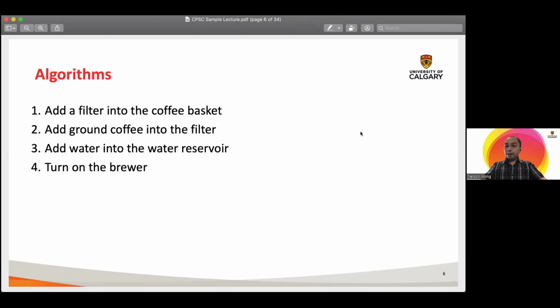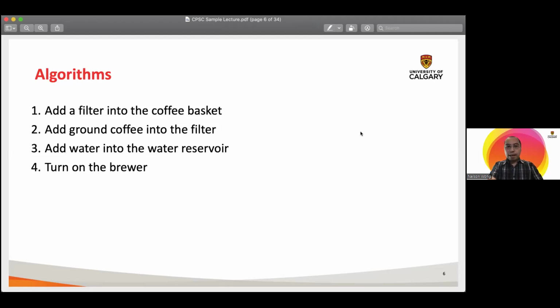This is actually quite useful because it's hard to make mistakes if the steps are clear. If we follow the steps, we can solve the problem. Right now the problem is how to make a coffee, right? And I'm going to show you something that I'm sure some of you have seen. They are around us, and you have probably tried them. They are just different ways to express algorithms.